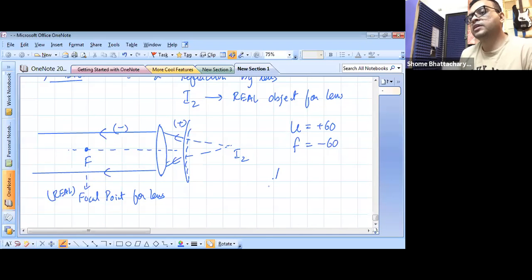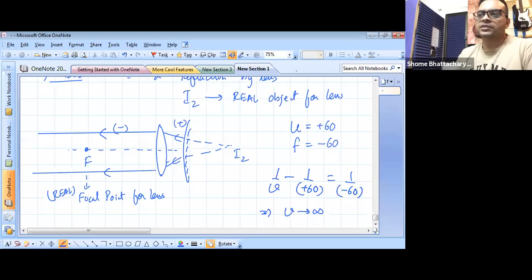So 1 by v minus 1 by u is equal to 1 by f. This is the same result that we had got by just converting it into an equivalent system earlier.